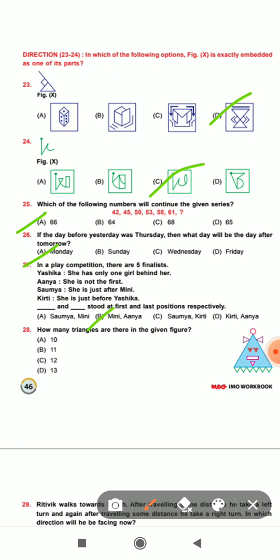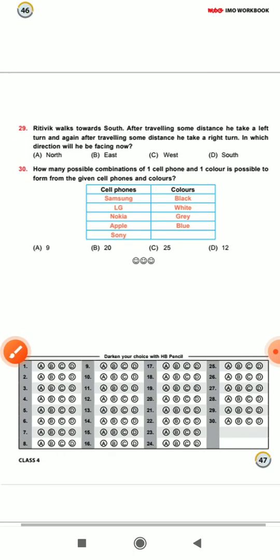How many triangles are there in the given figure? Look at the picture and count the triangles. Okay, 1, 2, 3, 4, 5, 6, 7, 8, 9, 10, 11, 12. 12 triangles are there. So the correct answer is 12, option C. Okay student. Next question number 29.